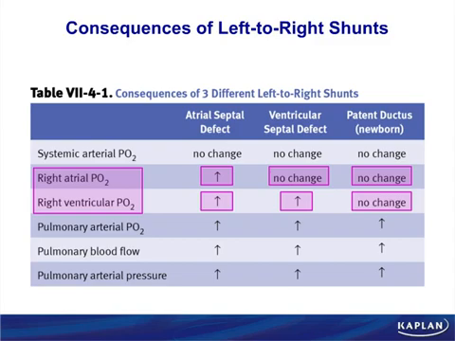So that is kind of the information they may be giving you, and you're starting to question, well, is this a congenital heart problem? So in other words, they give you a patient in which pulmonary arterial PO2 is elevated, pulmonary blood flow is elevated, pulmonary arterial pressure is elevated. Well, then you know you have a left to right shunt. Now what you're looking for is what's right atrial PO2, what's right ventricular PO2. That will be the deciding differential. All right, that's respiratory physiology.